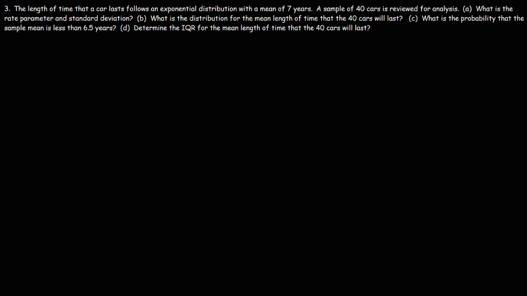Number 3. The length of time that a car lasts follows an exponential distribution with a mean of 7 years. A sample of 40 cars is reviewed for analysis. Part A. What is the rate parameter and standard deviation?